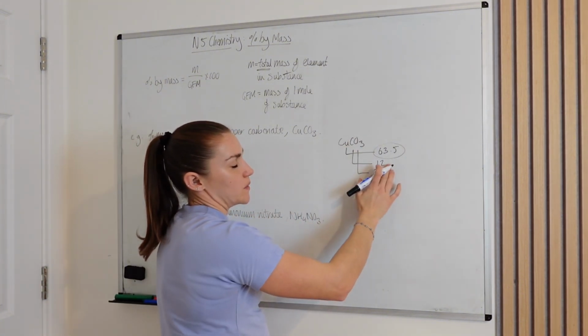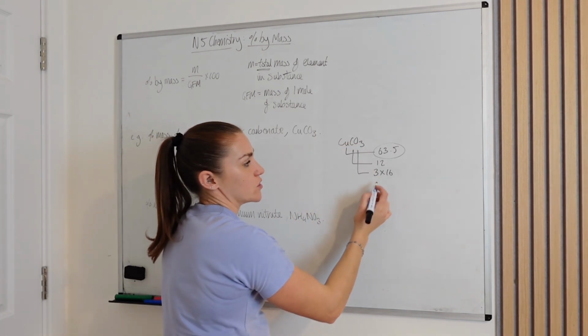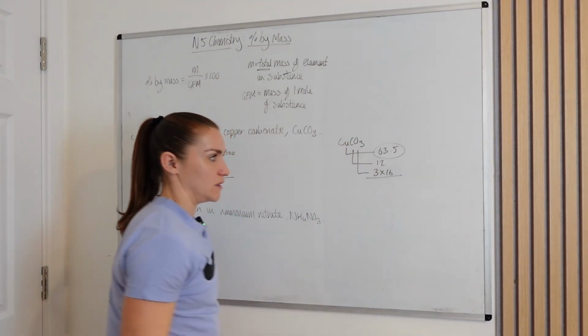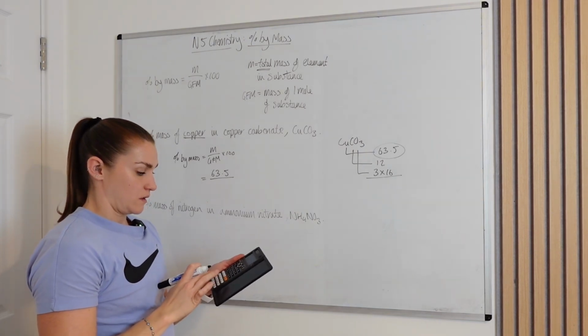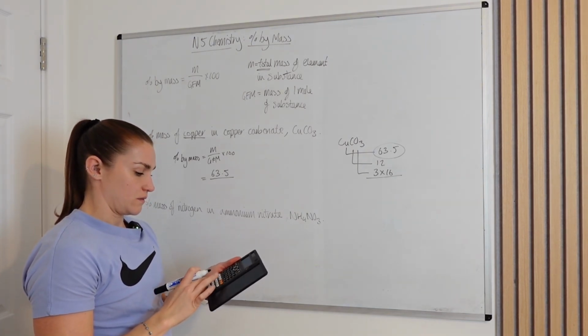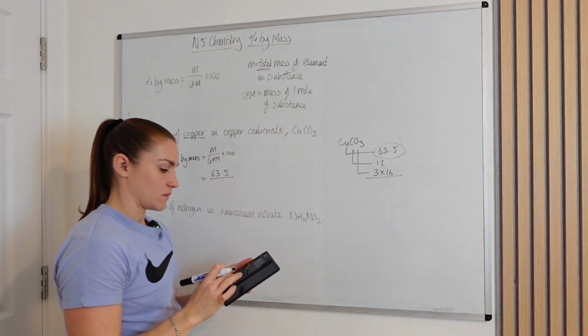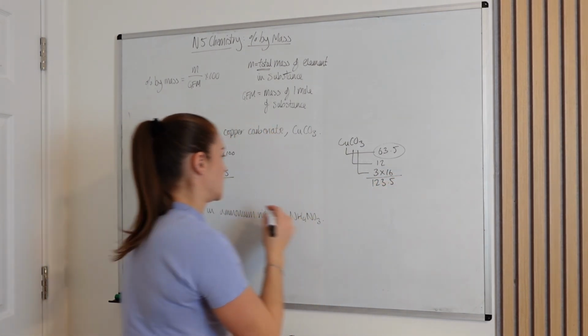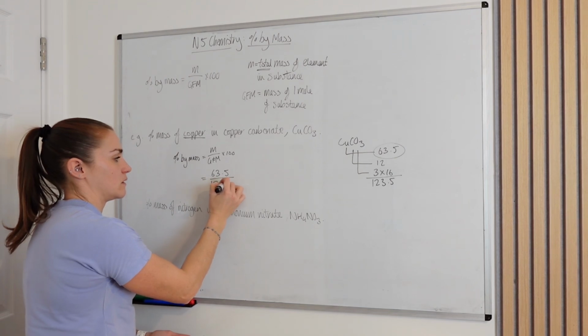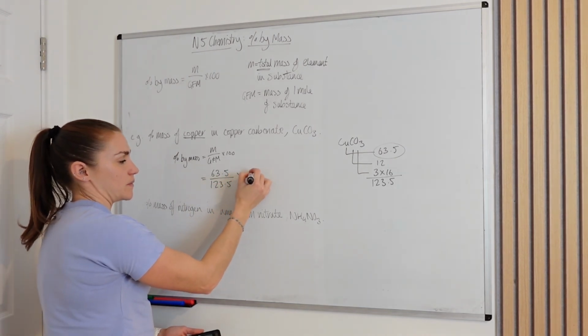So we've got one carbon, which would be 12, and then 3 oxygens, which would be 3 times 16. So if we add all that up, we get 123.5. So that's our GFM. And then times that by 100.